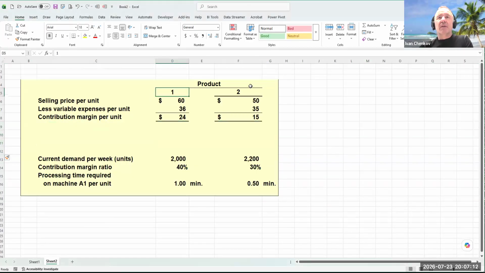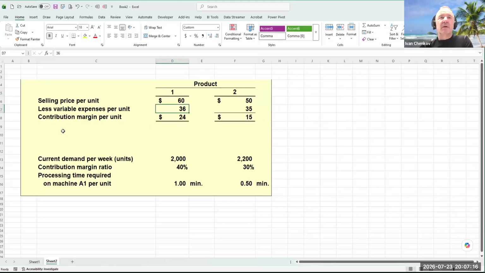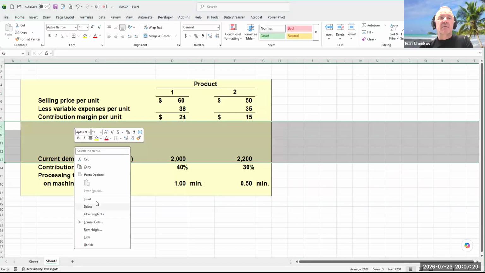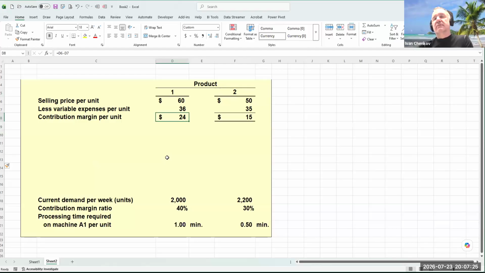So I have product 1 and product 2. What's interesting with those products? First, product 1 generates a contribution margin of $24. Where do those $24 come from? $60 sales, $36 variable cost to produce it. Product 2: $50 sales, $35 variable cost, $15 contribution margin.